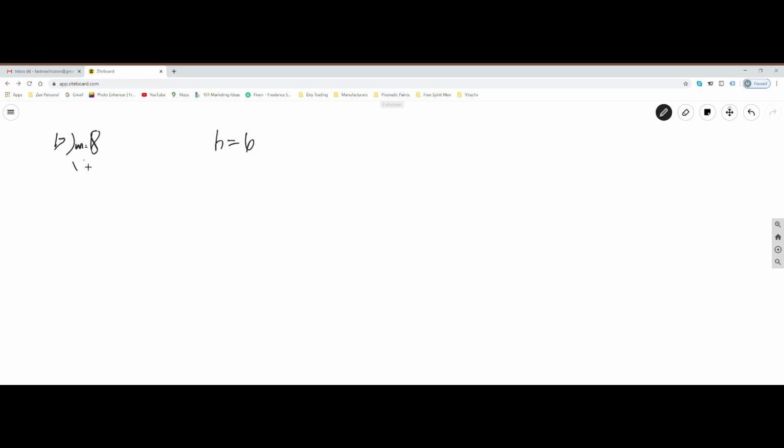So this is relatively easy. y equals 8x plus 6.